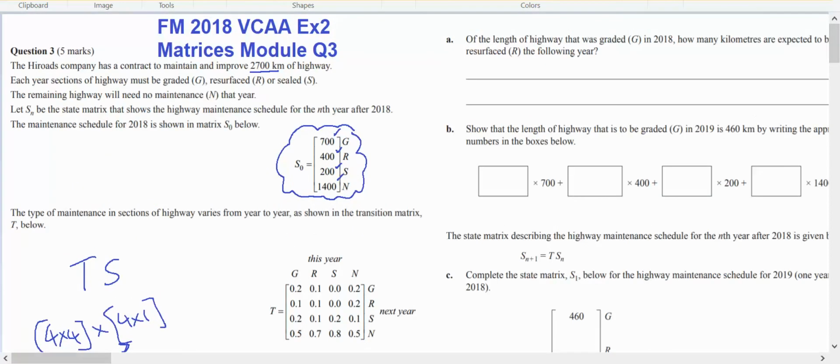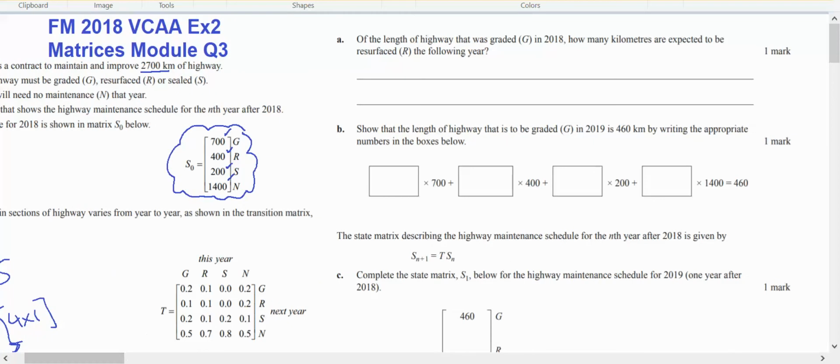Okay, ready to go. Of the length of highway that was graded in 2018, how many kilometres are expected to be resurfaced the following year? Okay, so there were 700 graded, and of the graded, what proportion will be resurfaced the next year? 10% or 0.1.